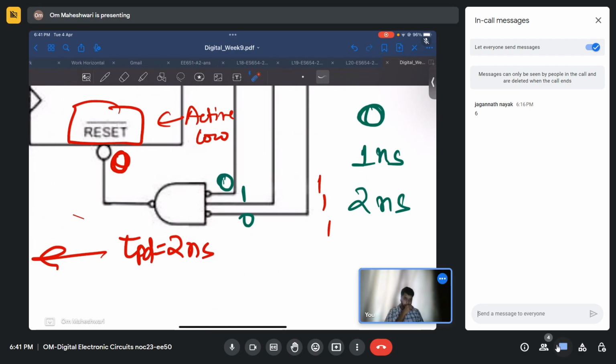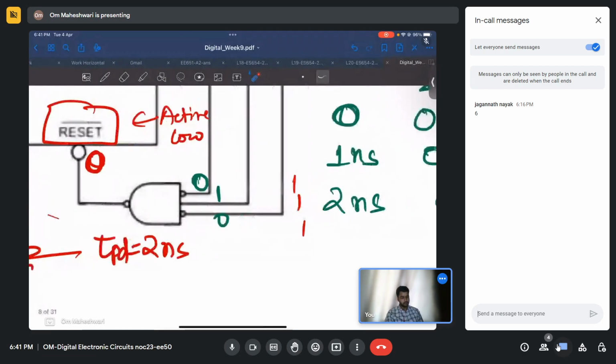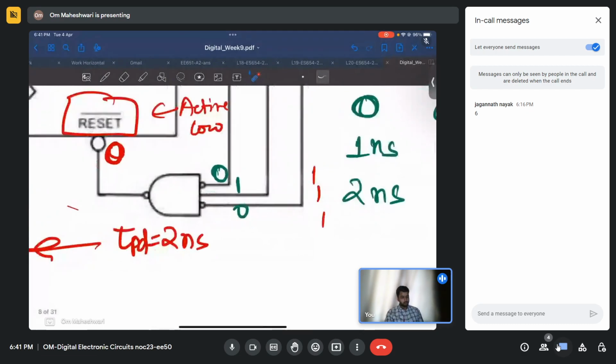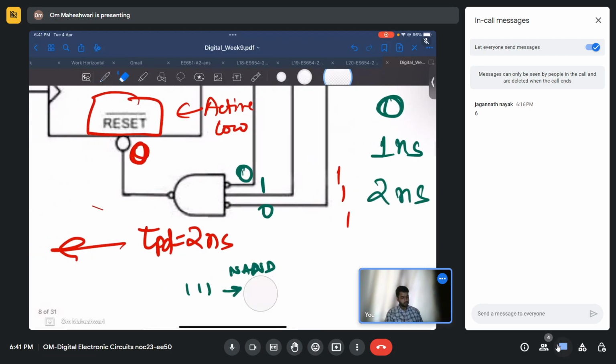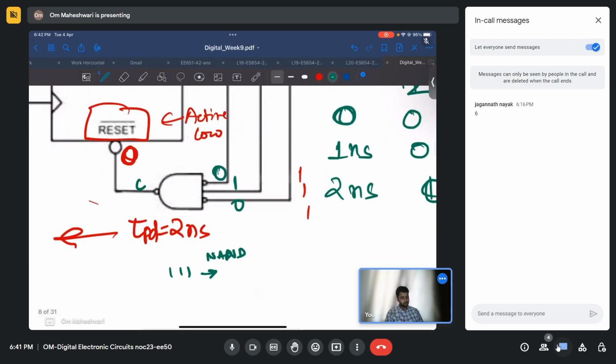So the actual input after this bubble is 1, 1, 1. When you give 1, 1, 1 to the NAND gate, the output will be 0.